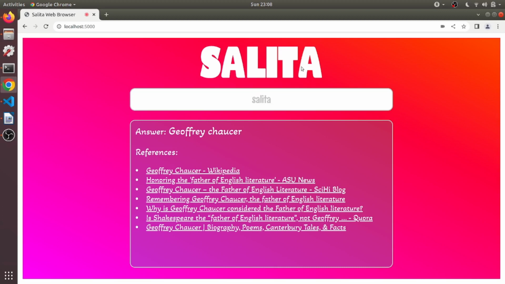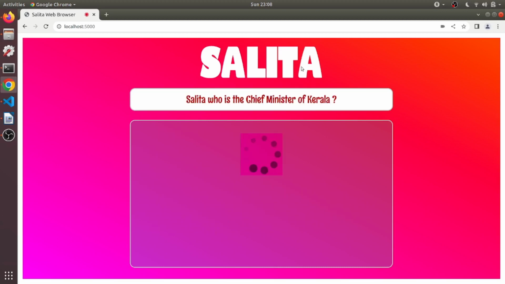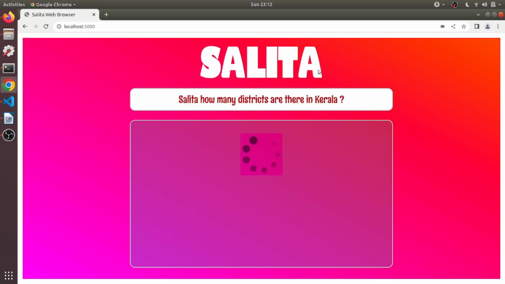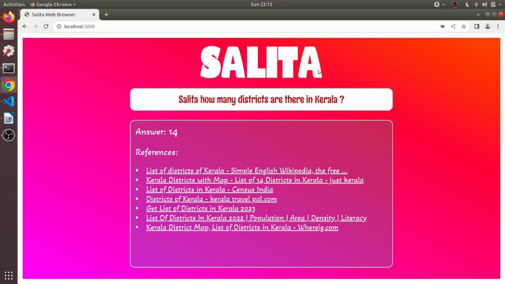Salita, who is the Chief Minister of Kerala? Pinarayi Vijayan. Salita, how many districts are there in Kerala? Yeah, the answer is correct.